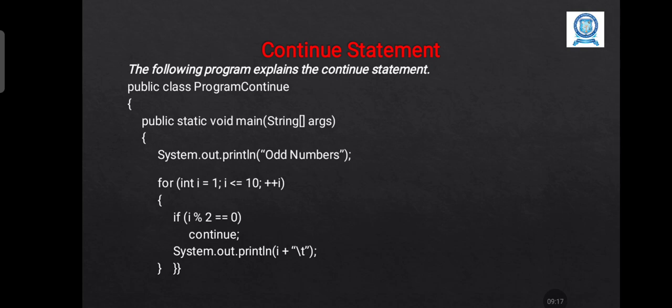Then for the next value the loop will be resumed. For example, we are having a for loop. Inside that, for a particular condition we are applying the continue statement, that is if i mod 2 equal to 0. If this condition is true, the continue statement will stop the current iteration execution. Then again the loop will be resumed for the next iteration value and the loop will be continued.